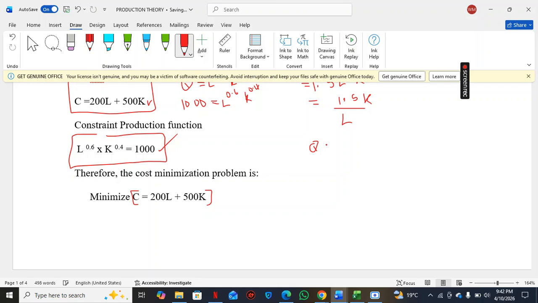Q equals L to the power alpha K to the power beta.